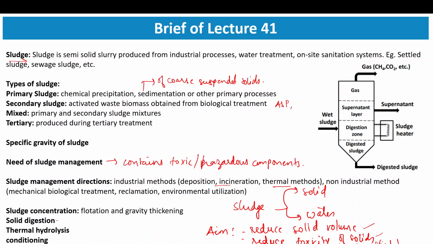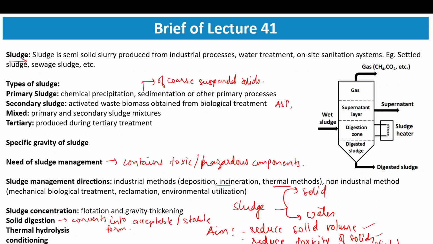If there is some organic solid present in your sludge, then you can have solid digestion, where it will be digested, or converted into some acceptable or stable form, which can later even be disposed into the environment.